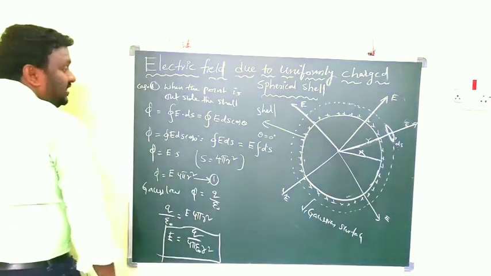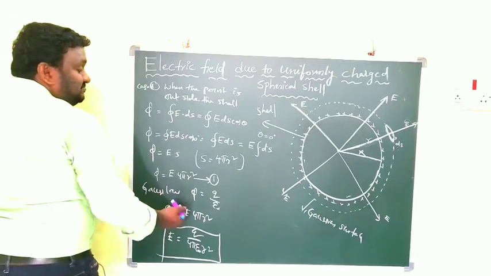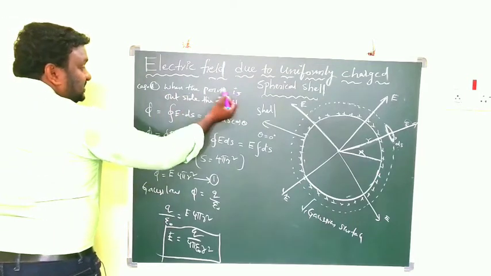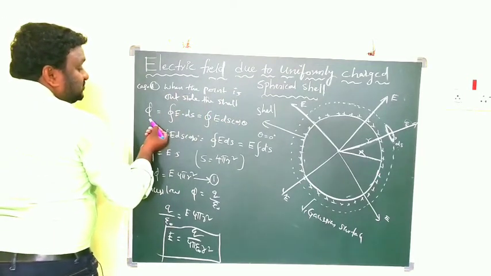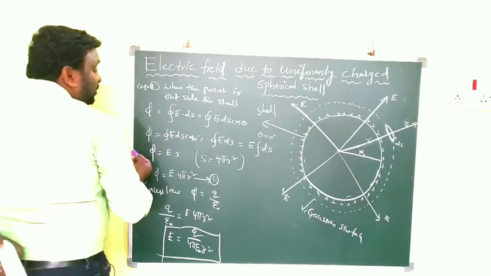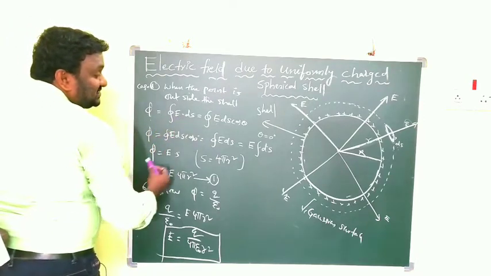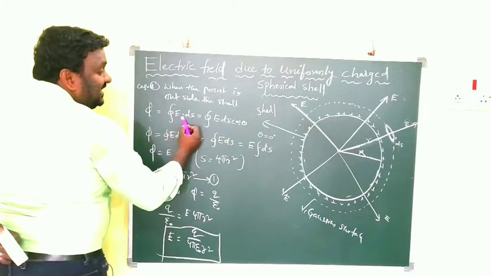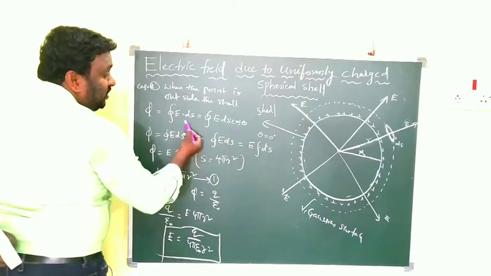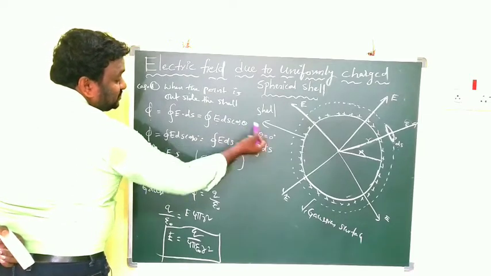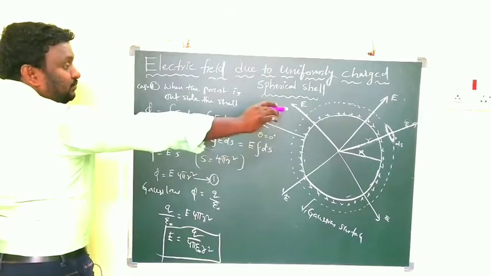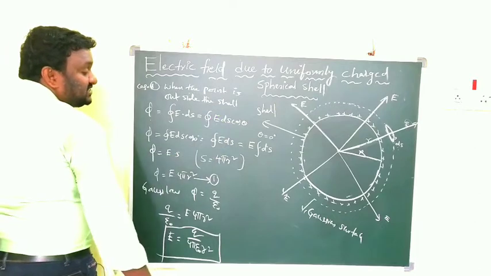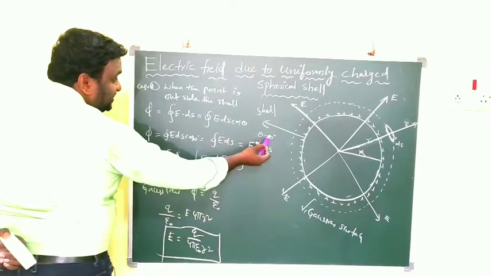So when the point is outside the shell, we write flux is, by the general formula, phi is equal to closed integral E dot ds, that is equal to E ds cos theta. E and ds are in the same direction, they are parallel, so theta is equal to 0 degrees.